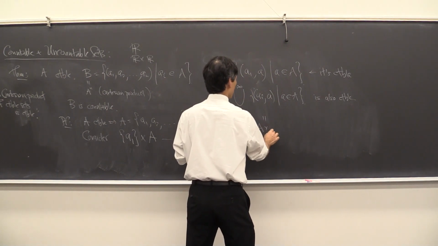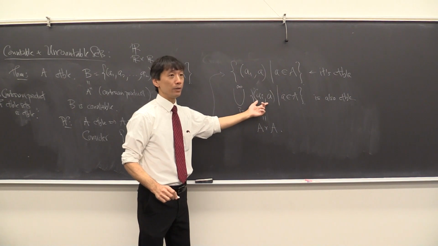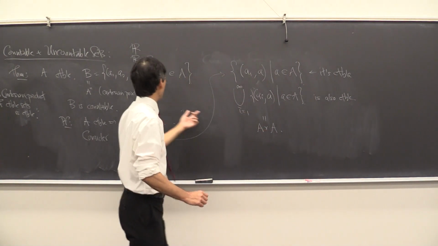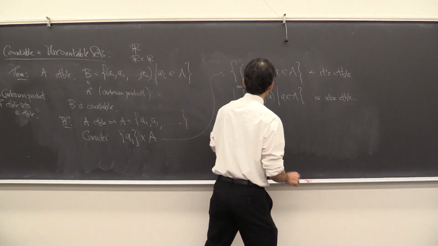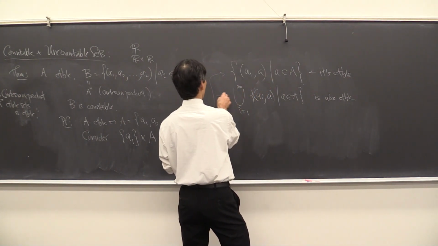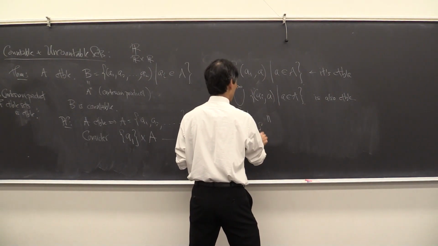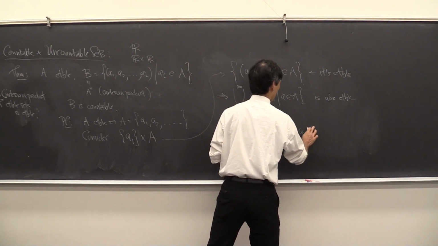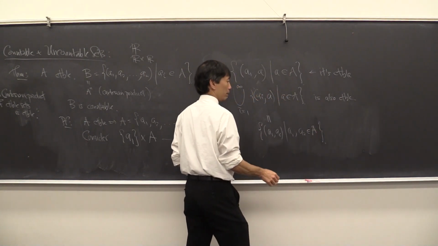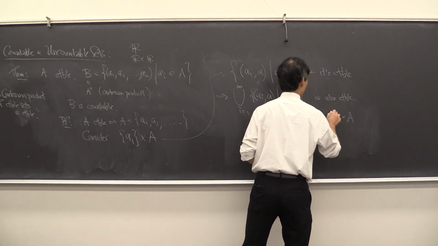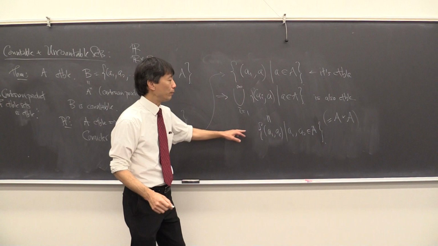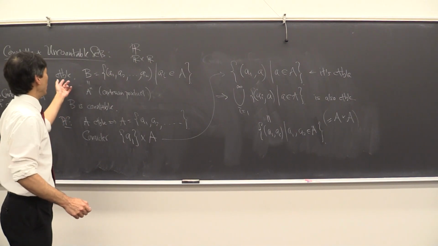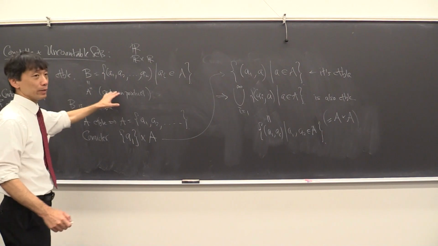And you see what that is, right? That is just A cross A. We're allowing the first thing to be anything in A, and we're allowing the second thing to be anything in A. That's the same thing as pairs (a1, a2) where a1 and a2 are in A, namely A cross A. So if you take A, then A cross A is countable.